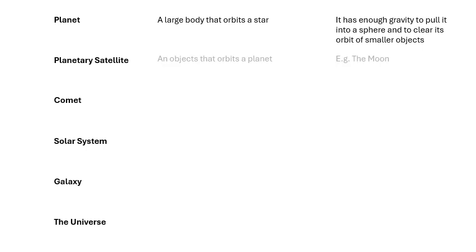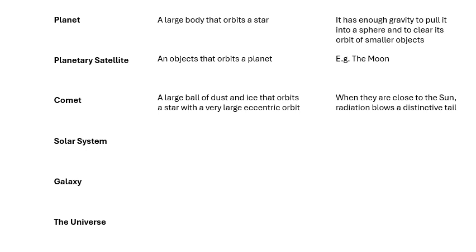A planetary satellite, an object that orbits a planet, for example, the moon. A comet, a large ball of dust and ice that orbits a star with a very large eccentric orbit. In other words, it's not a circle, it's an ellipse, a very eccentric ellipse.